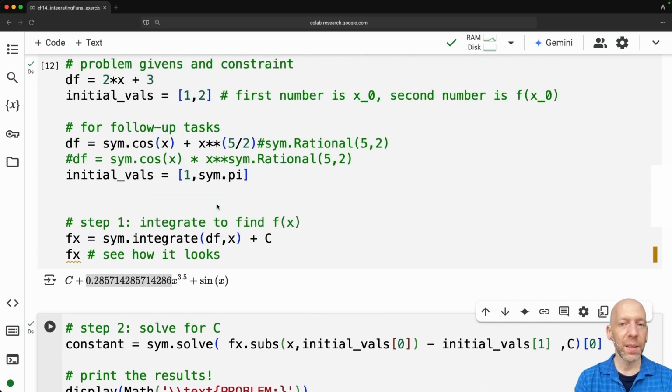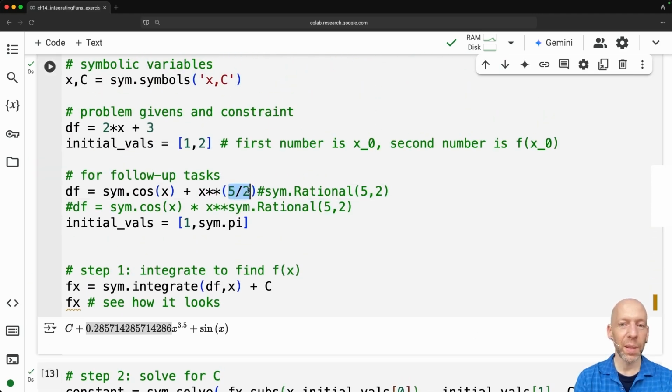This is an issue with symbolic numbers and numerical floating point numbers that I have discussed in a previous exercise and also earlier in the book. Essentially, what we want to do is make sure that SymPy interprets this as 5 divided by 2, the symbolic fraction.